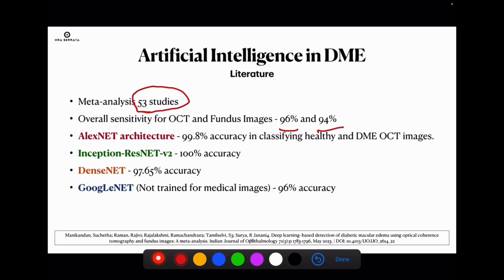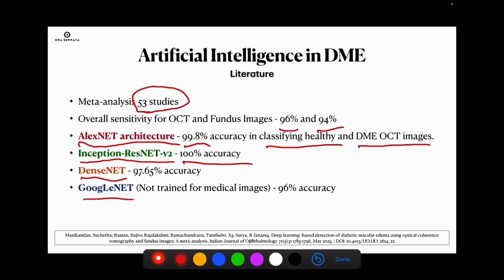AlexNet architecture achieved 98% accuracy in classifying healthy and DME OCT images. Inception ResNet version 2 achieved 100% accuracy in such cases. And there were other architectural networks as well, which performed quite well.